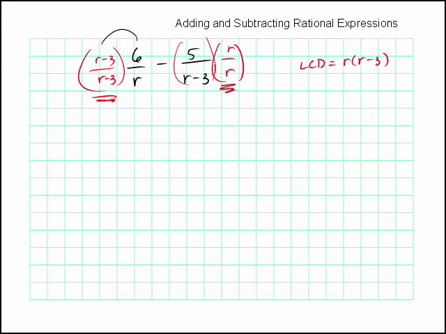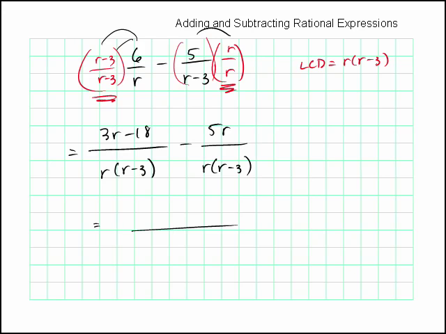Distribute the 6 up here, so that's 6r minus 18 over our common denominator. And over here we got minus 5r over our common denominator. 3r minus 5r is negative 2r minus 18.